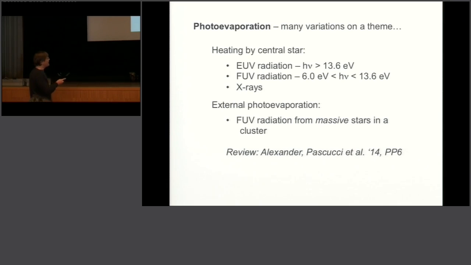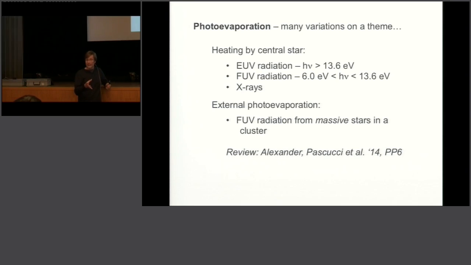Another possibility is that if the star is part of a cluster, then that cluster may contain very massive stars, which are much more prodigious sources of ultraviolet radiation than a low-mass star with a mass comparable to a solar mass, which we're mostly interested in from the point of view of planet formation. So if you're in Orion, say, and you're close to the Trapezium stars, those will be producing tremendous FUV and EUV fluxes.